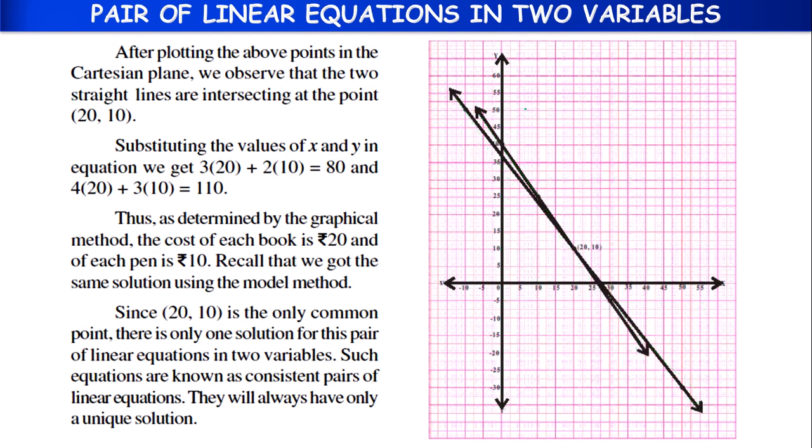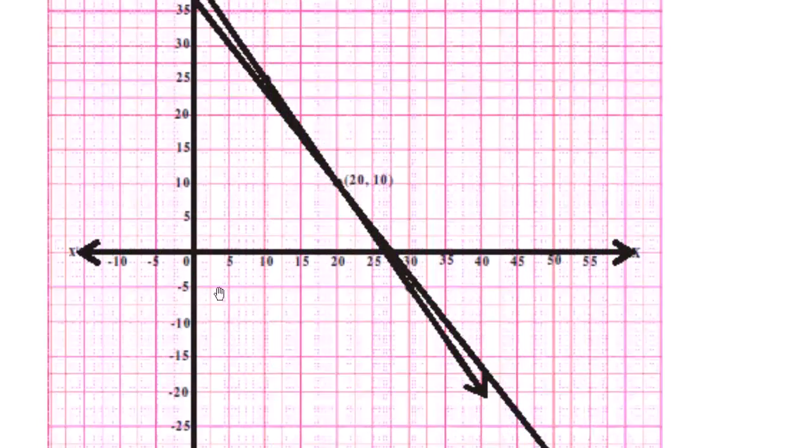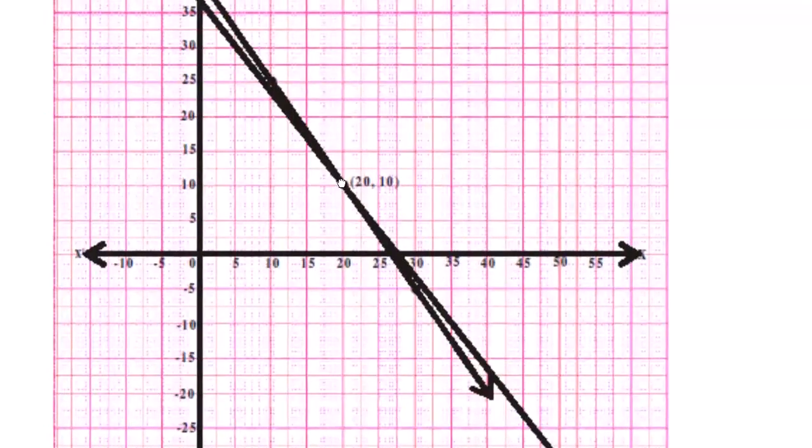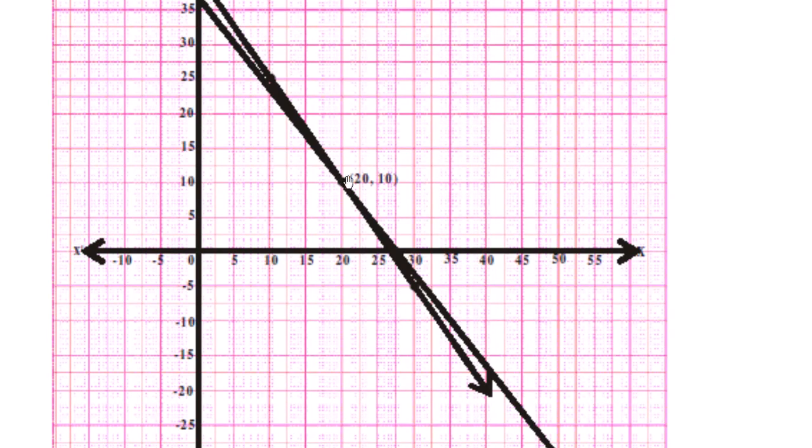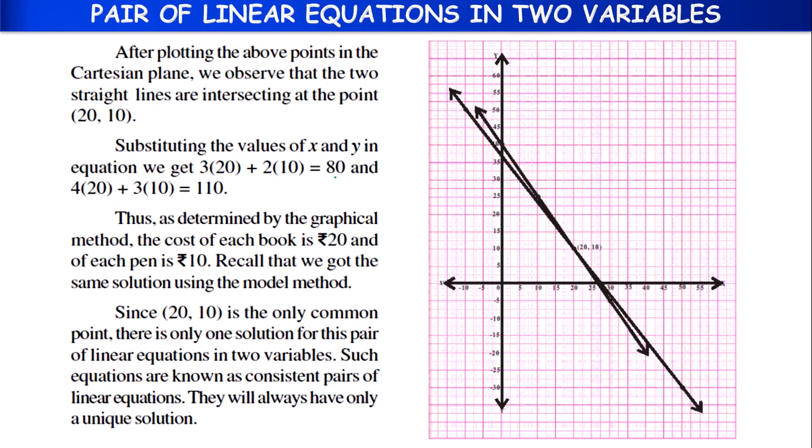If we observe both the straight lines, they will intersect at exactly one point, which is 20 comma 10. So we have plotted the above points on the Cartesian plane, and the two straight lines intersect at 20 comma 10.